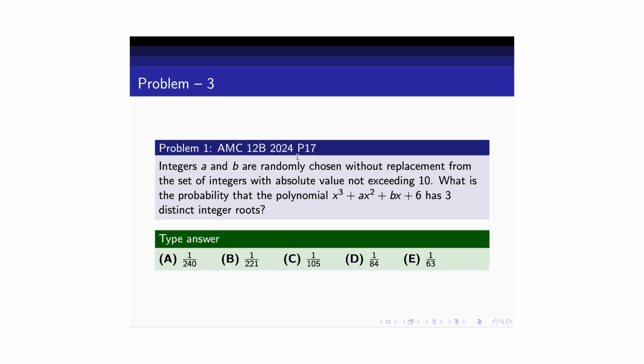Three distinct integer roots. A polynomial has three distinct integer roots if and only if it can be factorized in the form x minus c1 times x minus c2 times x plus c1 plus c2, and that is equal to 0. So for this particular polynomial, we can use this notation.